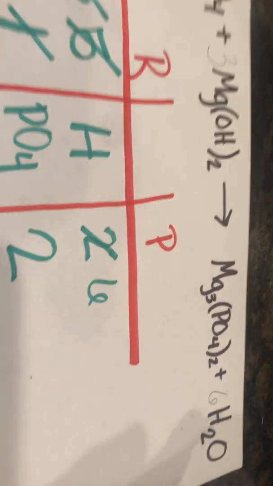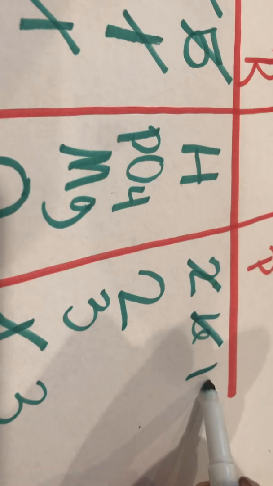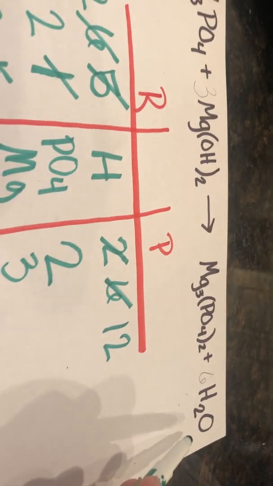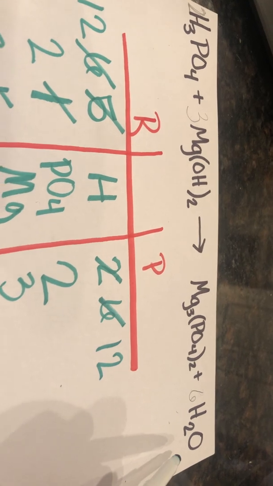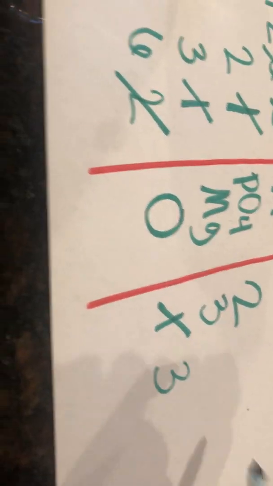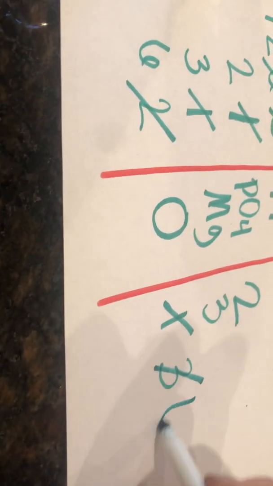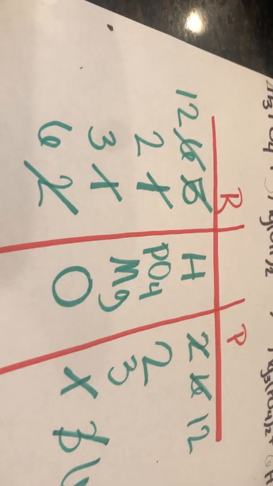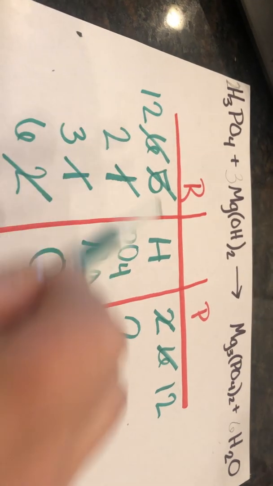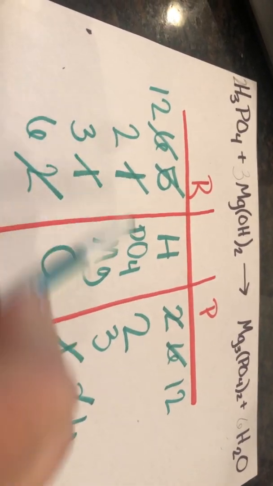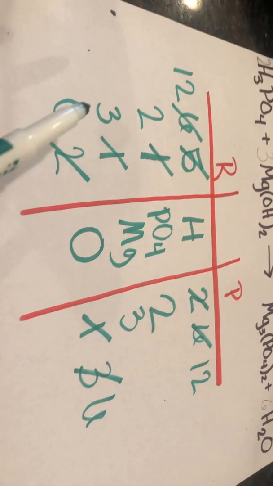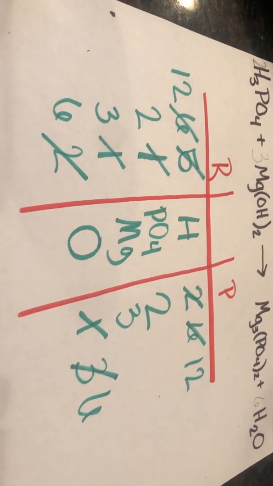Now I have 6 times 2, 12 hydrogen. But it also changes my oxygen. Do you see that? Now I have 6 oxygen. Am I balanced? 12 and 12, yes. 2 and 2, yes. 3 and 3, yes. 6 and 6, balanced.